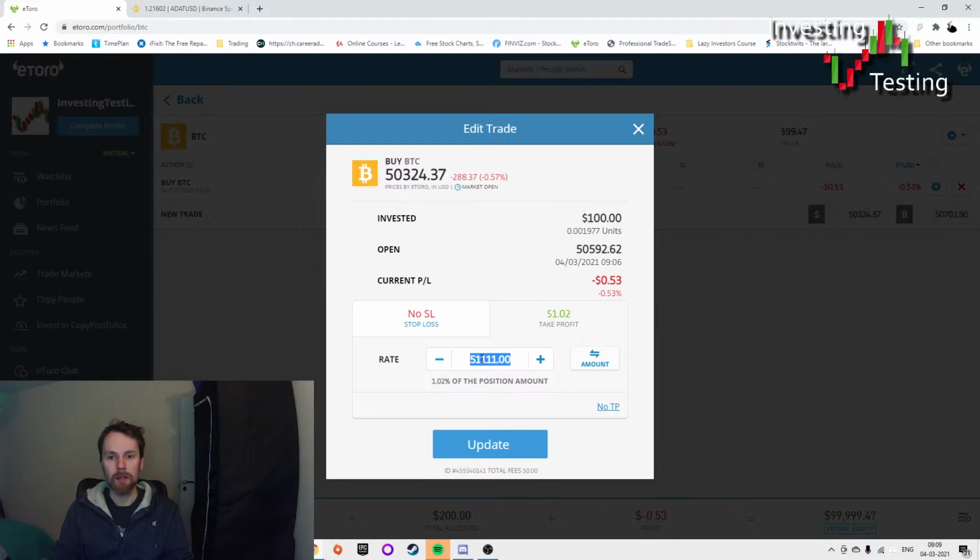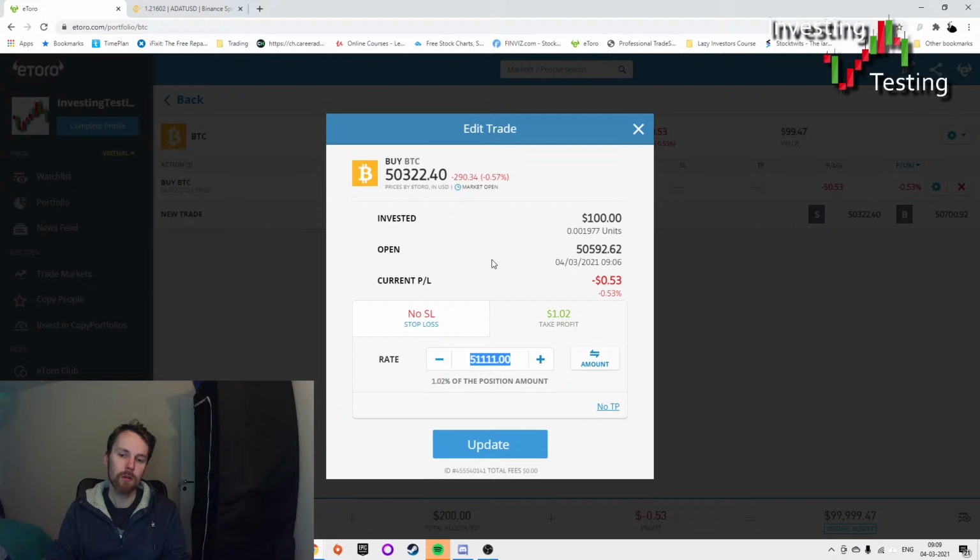Or what's most likely going to happen is, because you were probably on an uptrend when the take profit comes through, you will be selling above this amount. That's because it takes some time for it to actually go from eToro and say close.